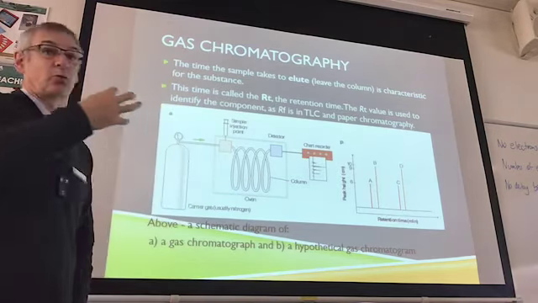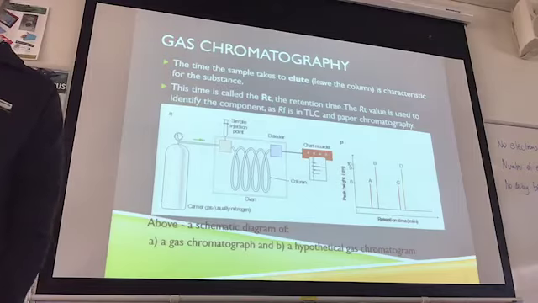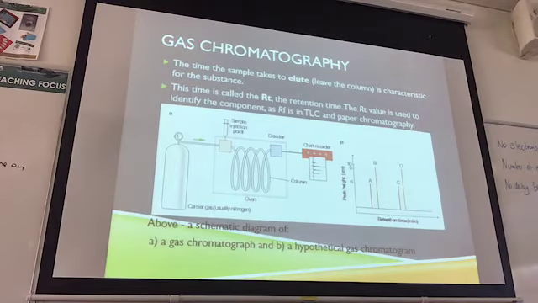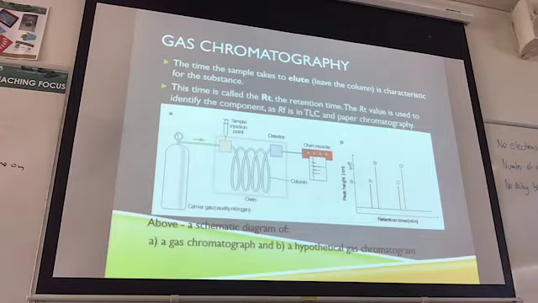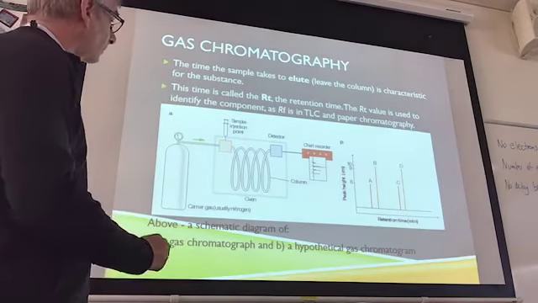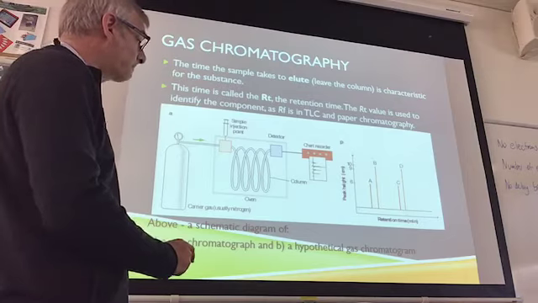Some of the gas is more attracted to the substance that makes up the column in the coil, so that material will take longer to move through the coil, and as a result we'll have a longer retention time.